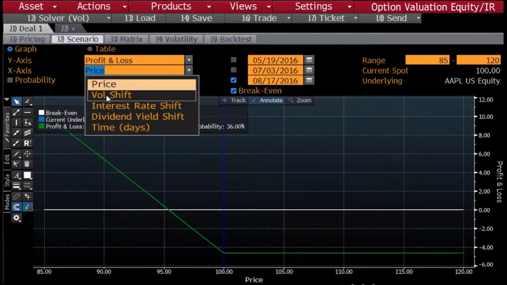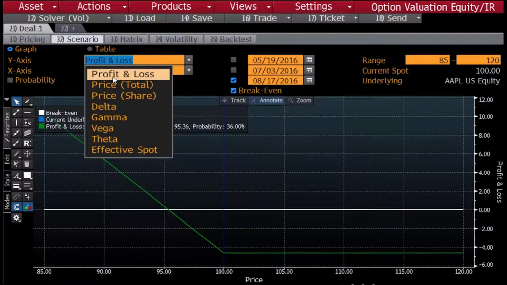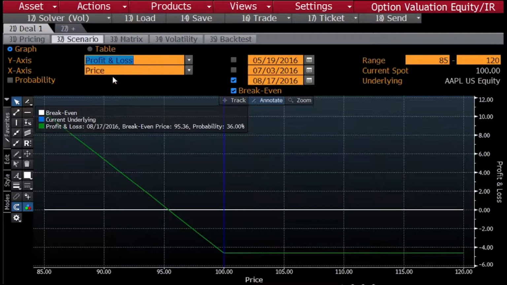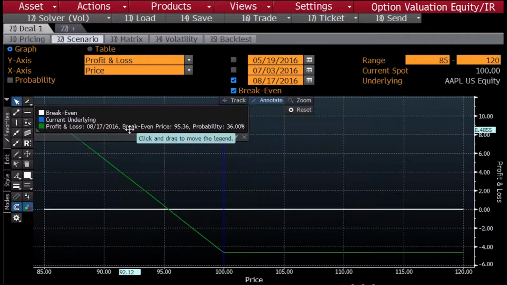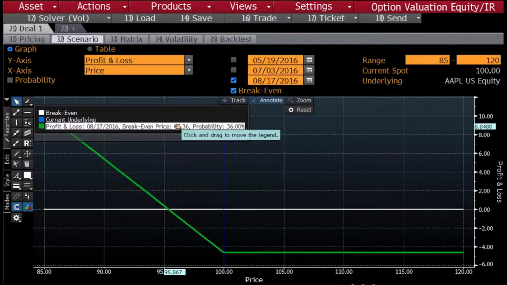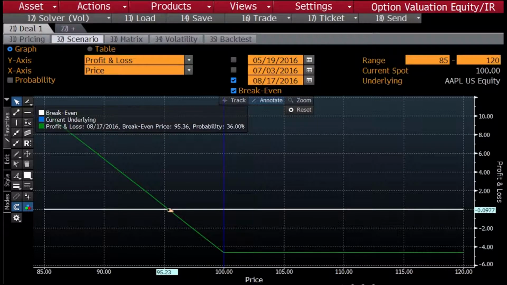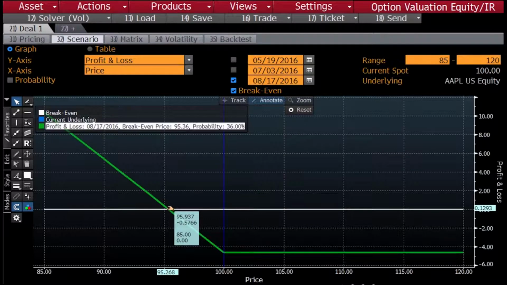And this is indeed my x-axis price, and it is indeed my profit and loss on the y-axis. I can see that the break-even price has even been read out to me, 95.36, but I can see it here, I can visualize it.